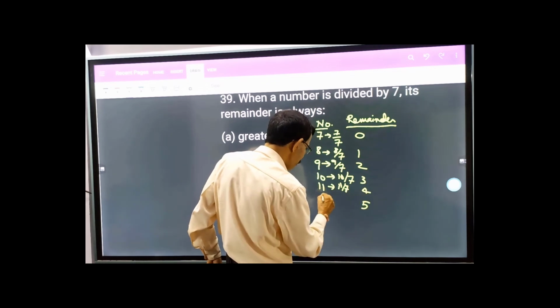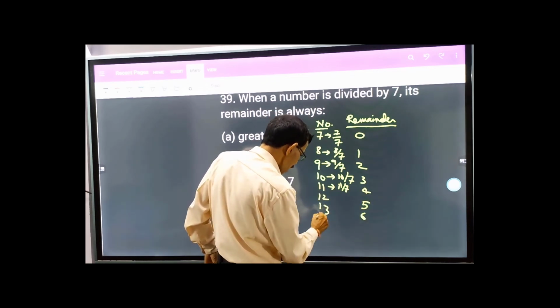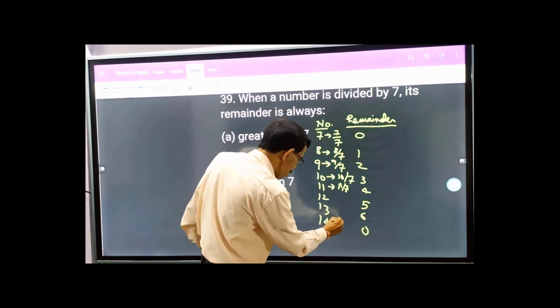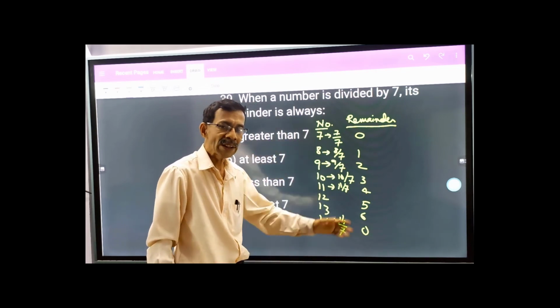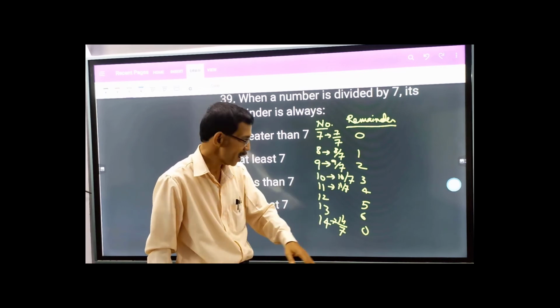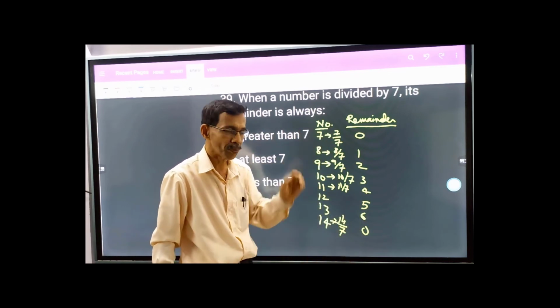It will be 5 for 12, 13 it is 6, and for 14 it is 0, because 14 divided by 7 will leave remainder 0, and then again it will start with 1, 2, 3, 4, 5, and it will come to 6, again it will become 0, and this will go on repeating.